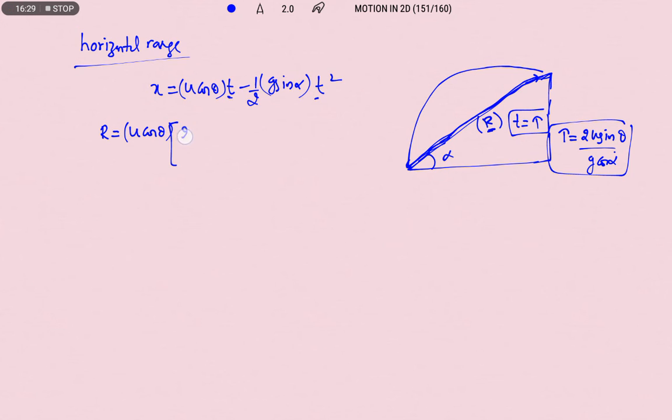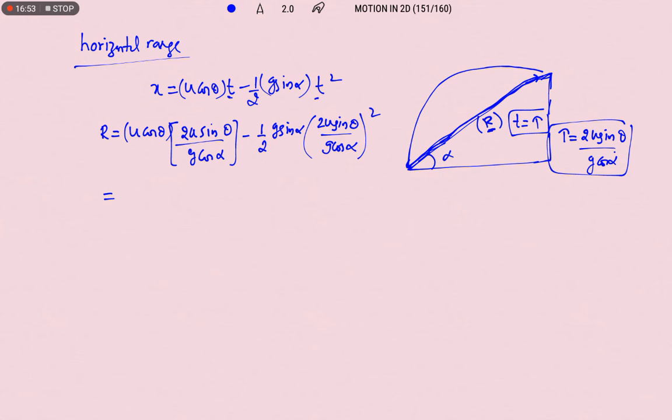So substitute 2u sin theta by g cos alpha minus 1 by 2 g sin alpha times of 2u sin theta by g cos alpha whole square. Let us try to simplify this.